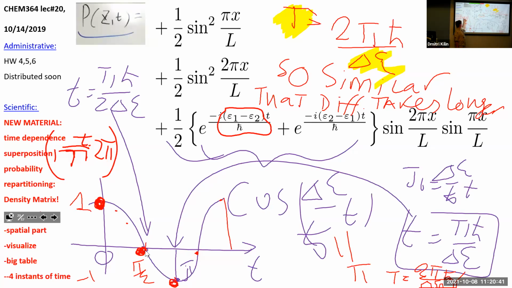So this period will be inversely proportional to the energy difference, right? And it will be directly proportional to 2 pi and directly proportional to h bar. So just inverting stuff here, we can get the period of these oscillations.